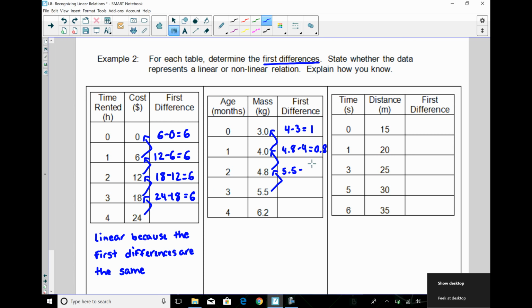But it says I need to calculate them, so I will do it all. And 6.2.